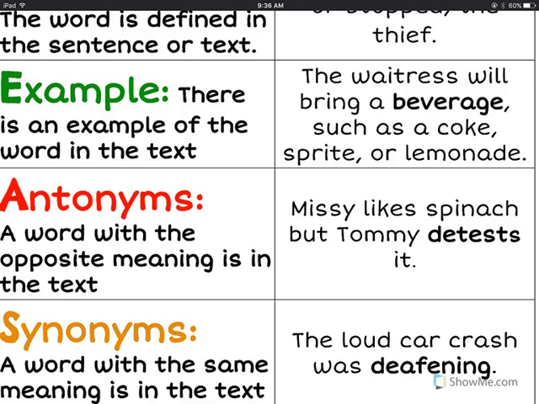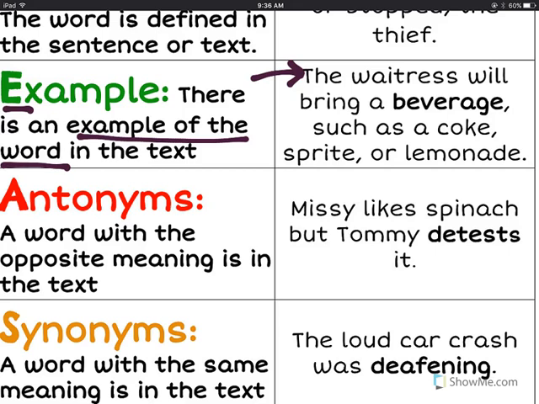The next letter in IDEAS is E. So we have example. An example is basically what it says. There's an example of the word in the text. Over here in the sentence it says the waitress will bring a beverage such as a Coke, Sprite, or lemonade.